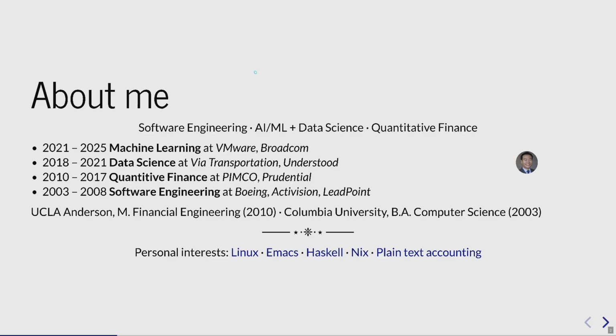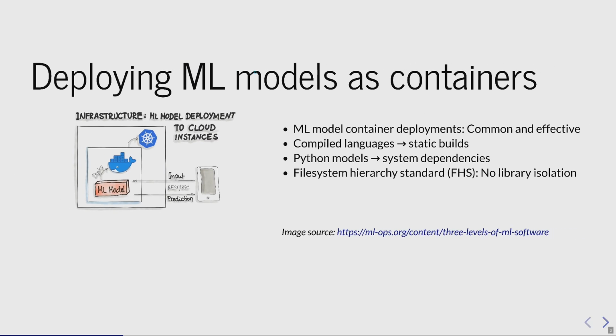To reiterate from my earlier talks, personal interests of mine include Linux, Emacs, Haskell, Nix, plain text accounting. Basically, I love text editing, functional programming, and plain text accounting is also a highly relevant component of finance in general and can be used for quantitative finance, but that's another matter. So just a little bit of background on myself.